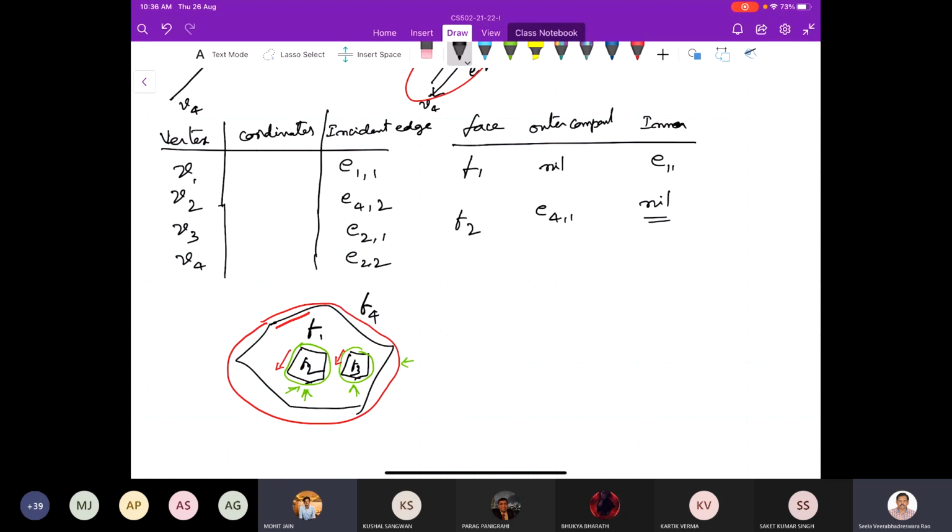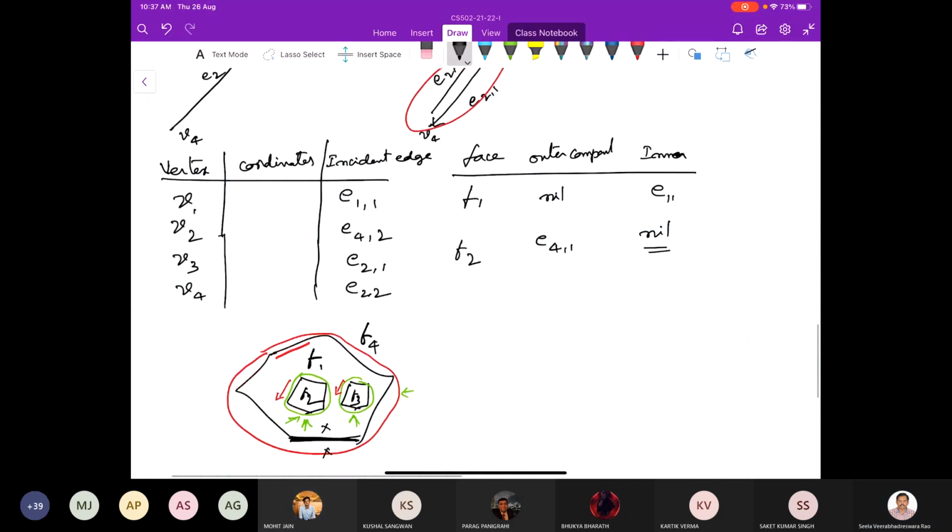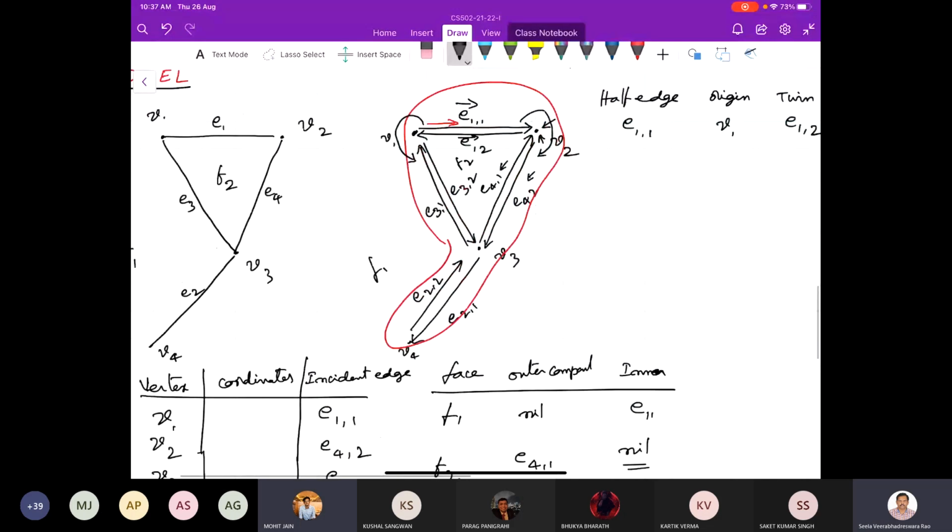You look at the face on either side of this edge. In a graph, we are talking about incident vertex, incident edge, and incident face. Incident means which is incident on that face or on that vertex. Clear?